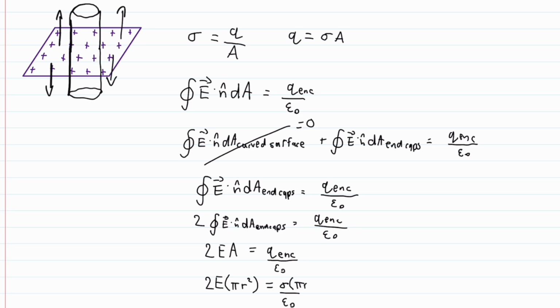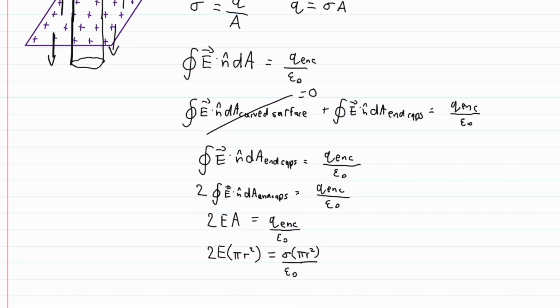So pi r squared. Notice that these two terms will cancel out. So this becomes 2E equals sigma over epsilon naught, which can be written as electric field equals sigma over 2 epsilon naught. This is the final answer.